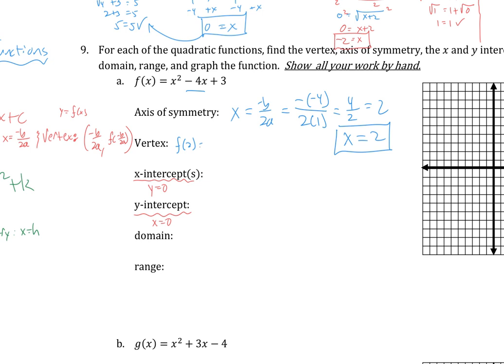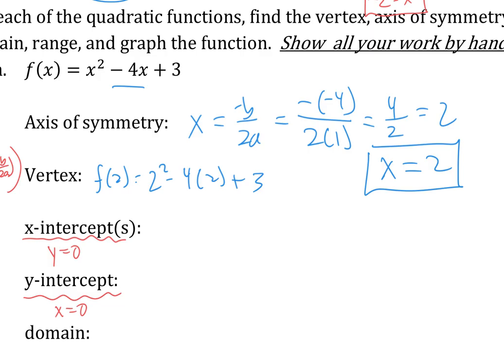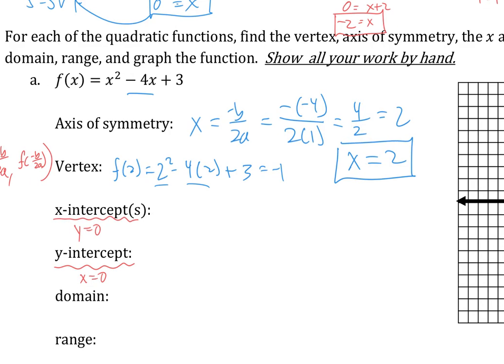That's going to be 2 squared minus 4 times 2 plus 3. 2 squared is 4, 4 minus 8 is negative 4, plus 3 is negative 1. Yep, sounds good. So the vertex is at 2 comma negative 1.